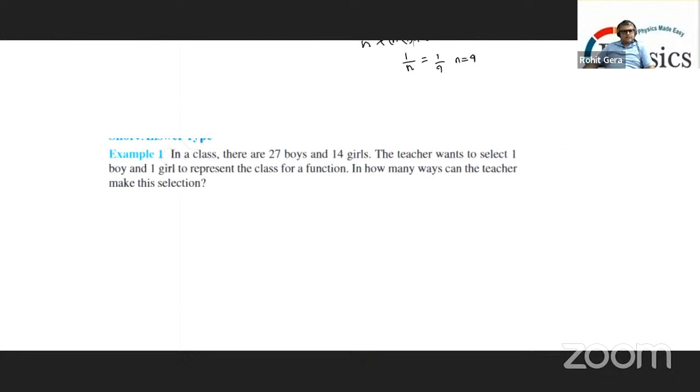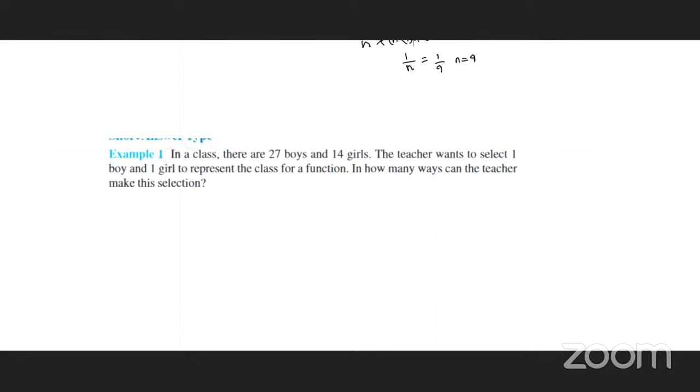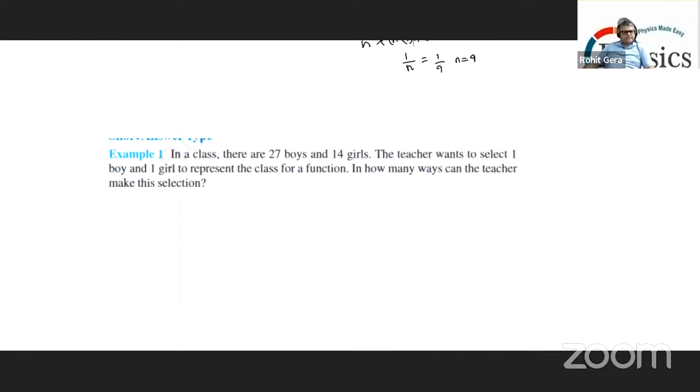So 27P1, one boy vacancy is to be filled up, and then 14P1, so 14 factorial upon 13 factorial, and 27. Or you can use the principle of counting: there are 27 ways in which you can select the boy, and 27 into 14. Correct, agreed.